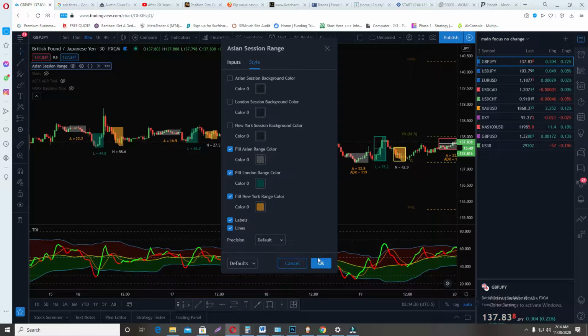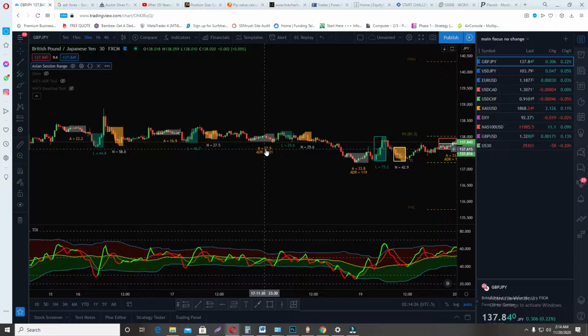But this indicator right here is amazing. You know you're in the Asian range, so you don't really put no trade in. And what I like about this is, although I still use the ADR over here, this breaks down how much each session has moved.